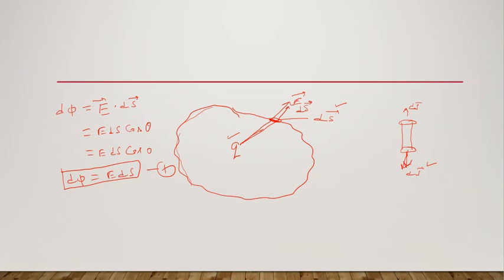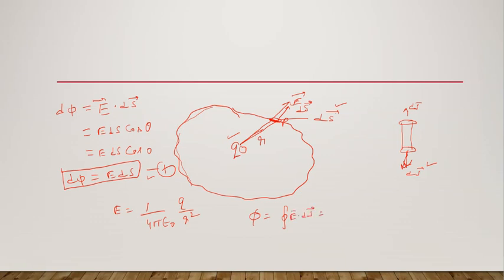By definition of electric field intensity, E is equal to 1 by 4 pi epsilon naught q by r square, where r is the distance from the origin O to point P. This is equation number 2. If this is a small amount of flux passing through a small area, then the total flux is phi equals integral of E dot ds.